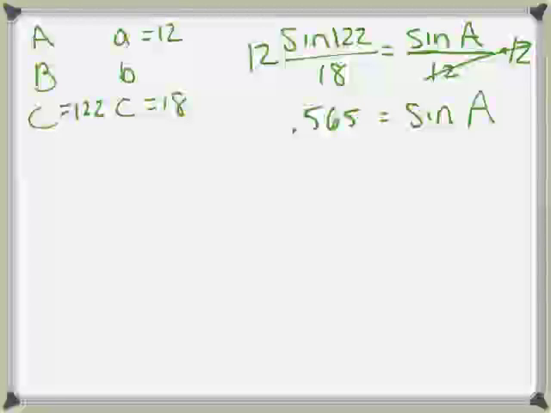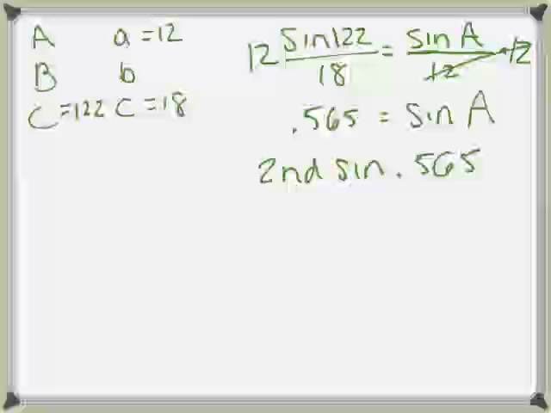Use the second button. So what we need to do on the calculator now is the second sine of that decimal that we got. Go to several decimal places. Do not round it off. I'm thinking when I say several, like at least 3, if not 4 or 5 decimal places. If you round it off, your answer can and likely will be significantly different than other people's answers, even though you did stuff right.